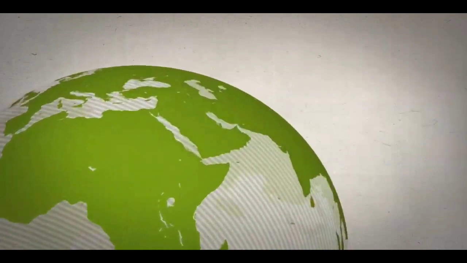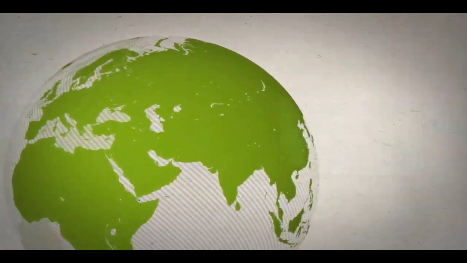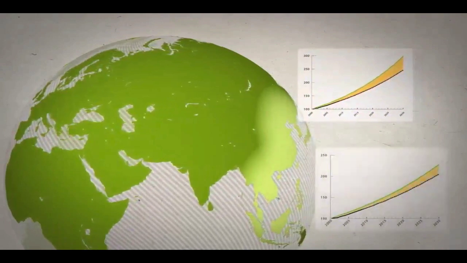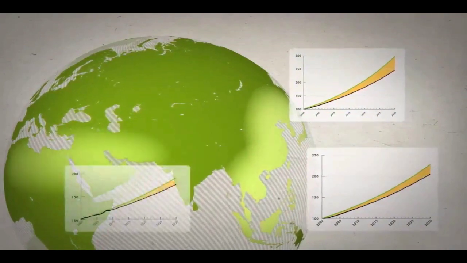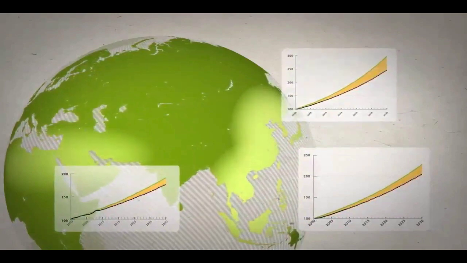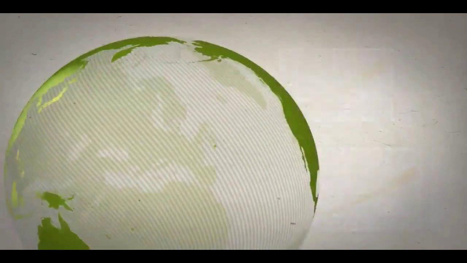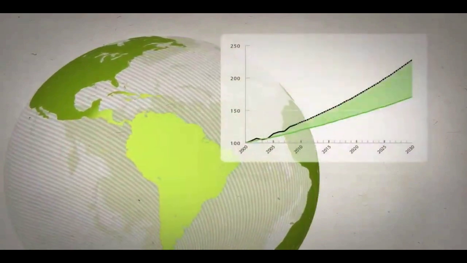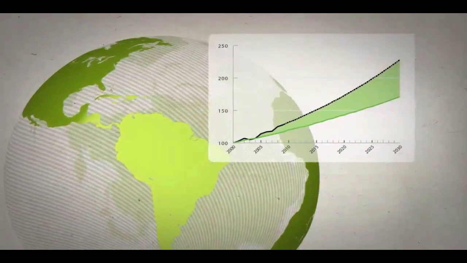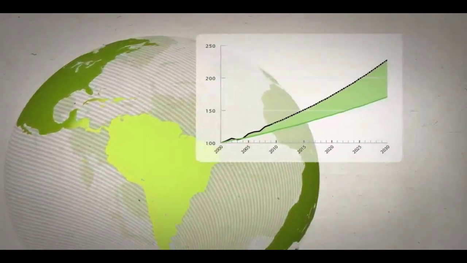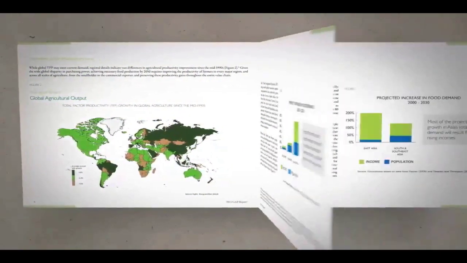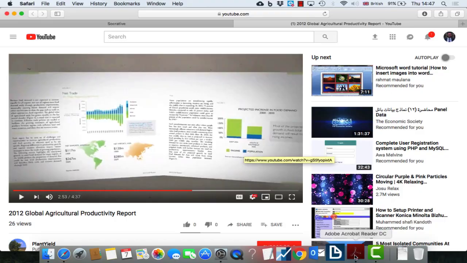The GAP report also finds varying food demand gaps in the regions of East Asia, South and Southeast Asia, and Middle East and North Africa. In contrast, at the current rate of productivity growth, the Latin America and Caribbean region will produce a substantial food surplus by 2030.